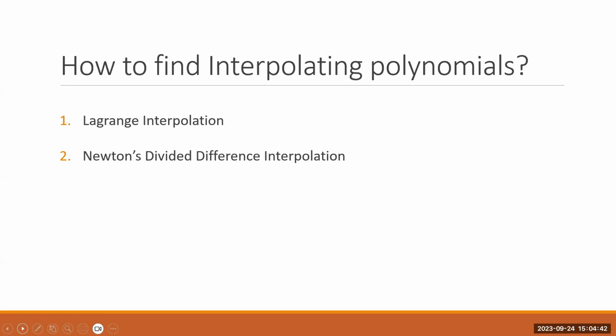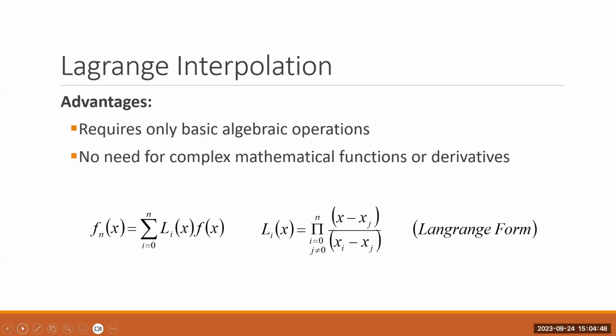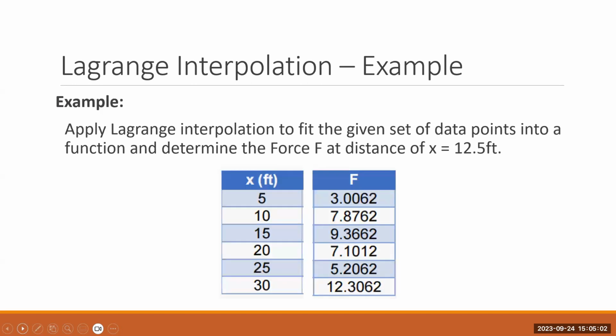So I have chosen these two methods to approximate the value of f. Let's discuss the first method, the Lagrange interpolation. It only requires basic algebraic operations, so no need for complex mathematical functions or derivatives.